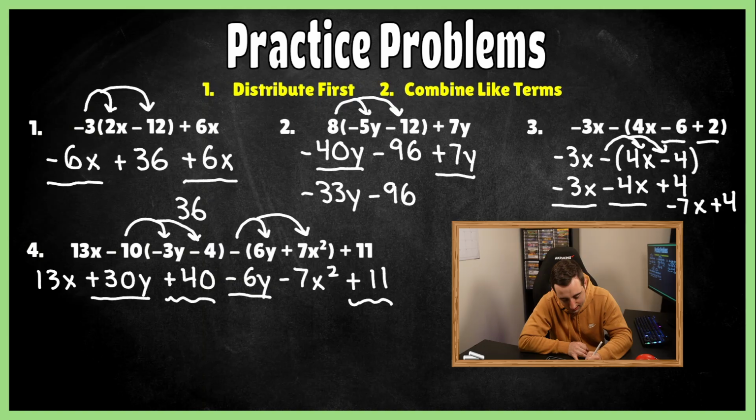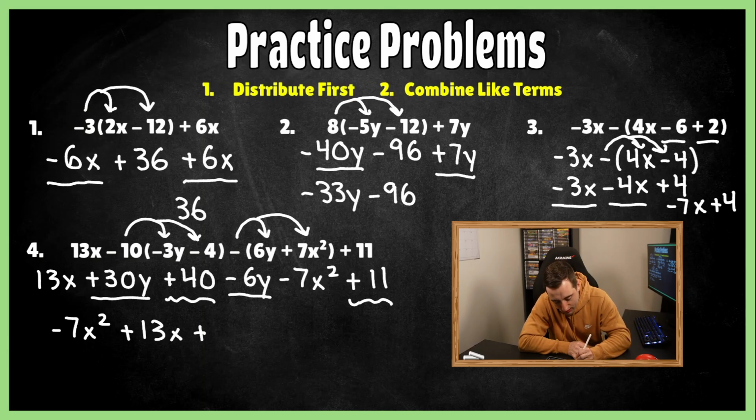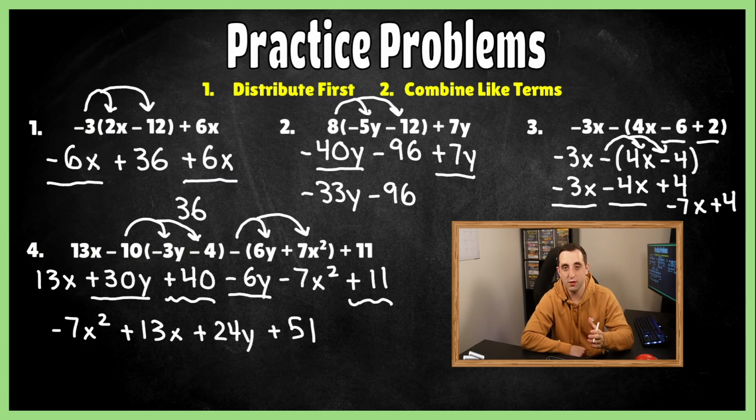So I'm going to bring down the negative 7x squared first, just because it has a higher power. Then I'm going to bring down the plus 13x, because we can't combine it with anything. And then for our y's, 30 minus 6 is going to give us plus 24y. And then finally, 40 plus 11 is going to give us a plus 51 at the very end for our final simplified expression for number 4.